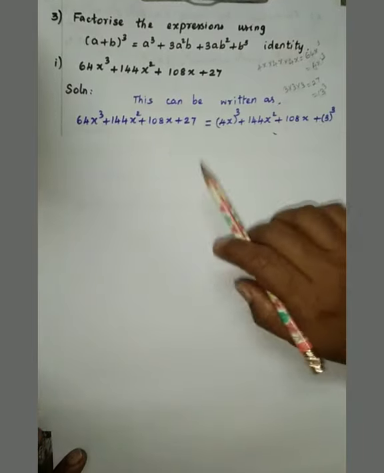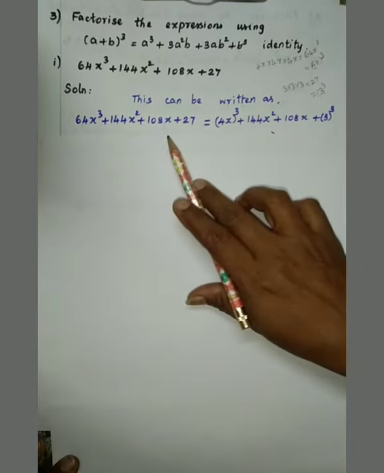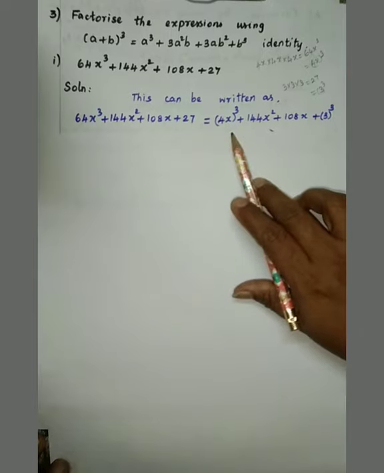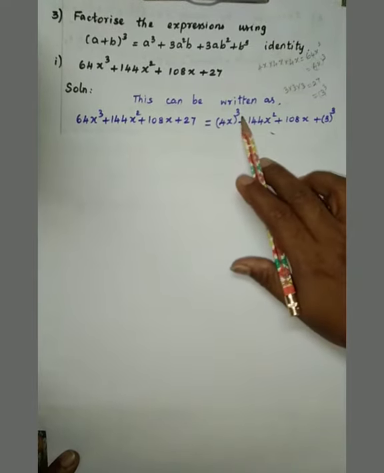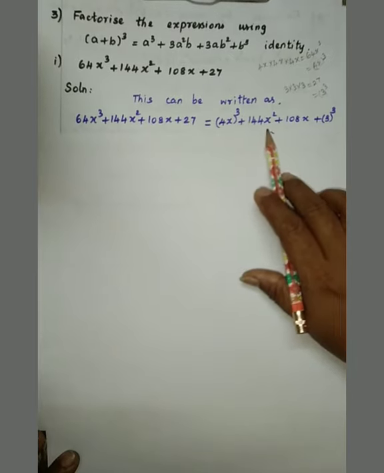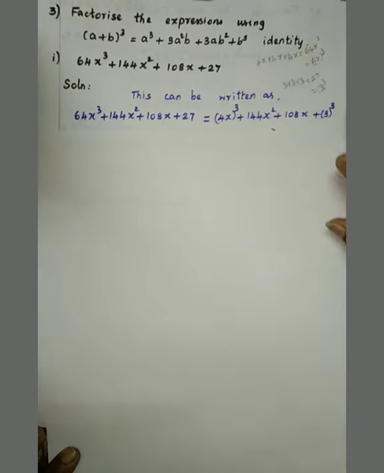So the given question can be written as 64x cube plus 144x square plus 108x plus 27 equal to, instead of 64x cube, you can write (4x) the whole power 3 plus 144x square plus 108x plus this 27 can be written as 3 cube.